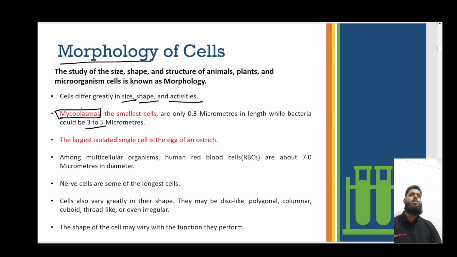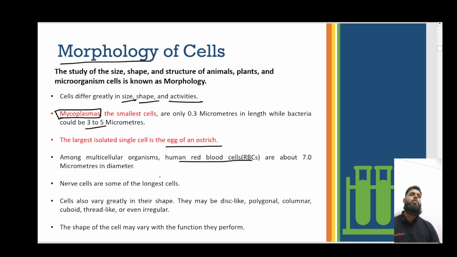The largest isolated single cell is the egg of an ostrich. Among multicellular organisms, human red blood cells are about 7 micrometers in diameter.